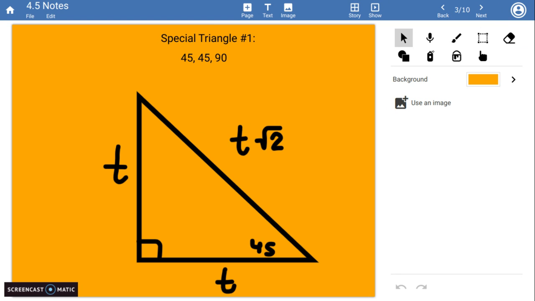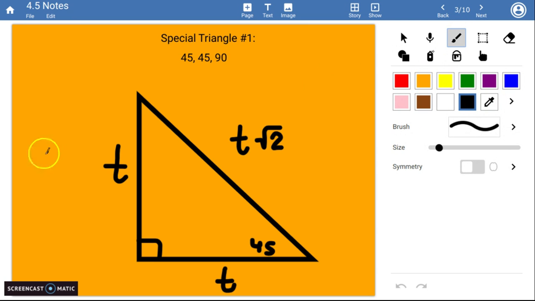The first kind, and there are only two, is 45, 45, 90. If you know one angle is 45, you know the other one's 45 also. The square means right triangle, and they add up to 180, so that's a triangle.